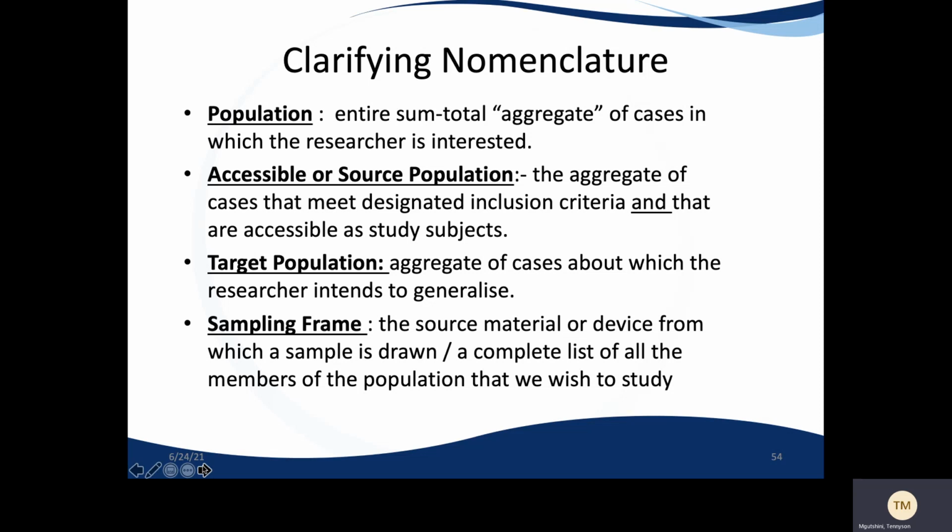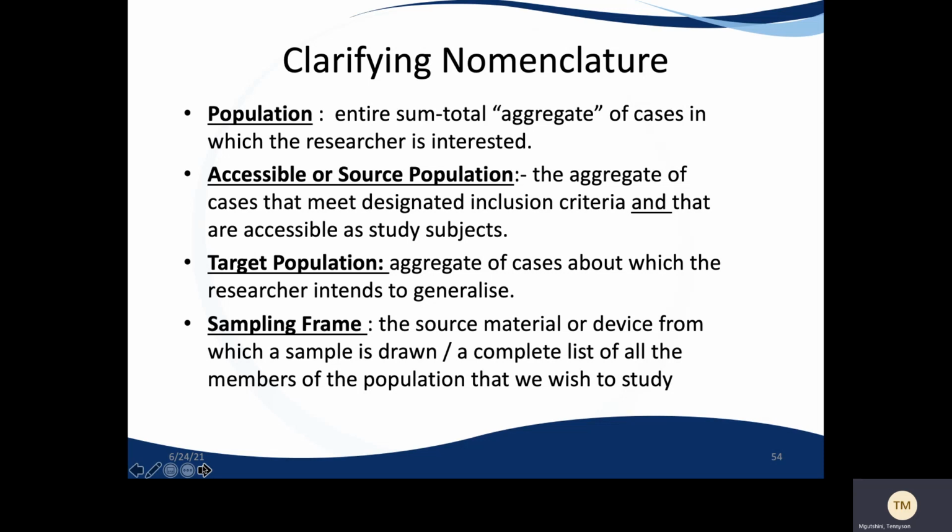So then you would say, look, your population has 10,000 potential study subjects, but from that, only 6,000 represent the accessible or source population. You're basically saying that you're going to draw or source out your sample from this smaller designated group because they are available and reachable and accessible.